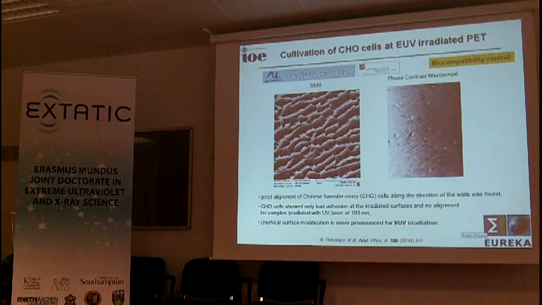And finally, these EUV irradiated polymers were used by our partner in Austria for cultivation of some biomedical cells. It was done by Bette Reisingen. Now she is doing a PhD on this topic, but using different lasers, not EUV.